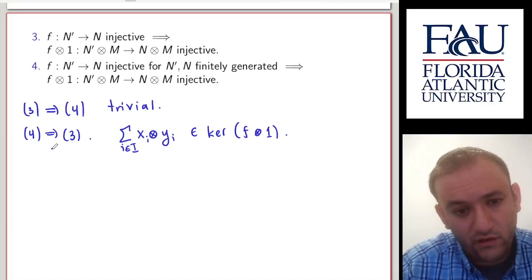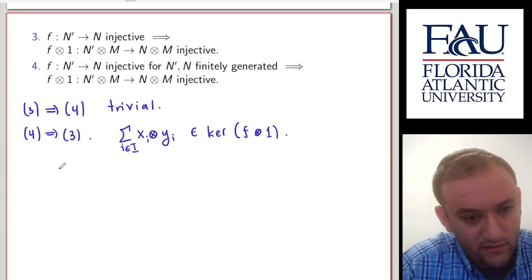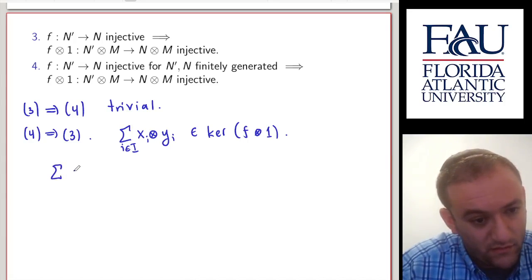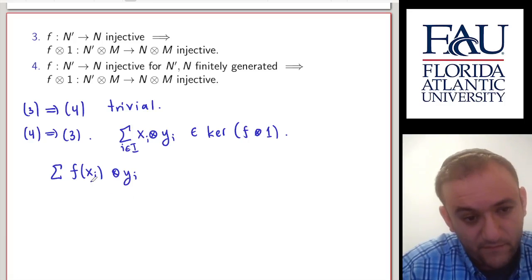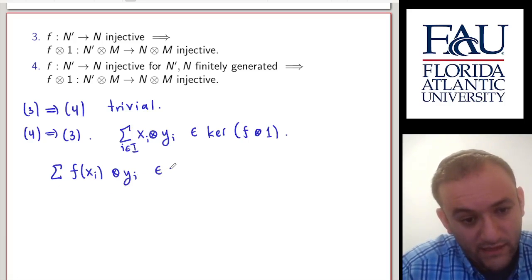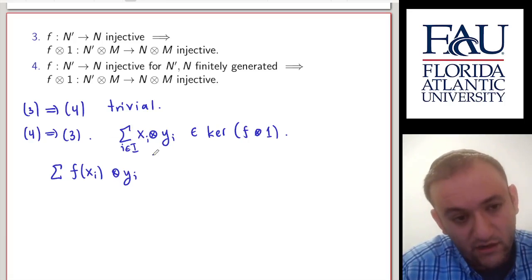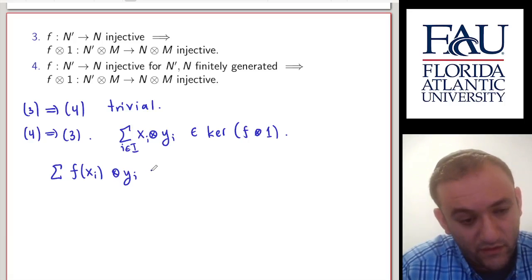Being in the kernel of f tensor 1 means that the sum of f of xi tensor yi, as an element of the target module N tensor M, is going to be equal to 0.